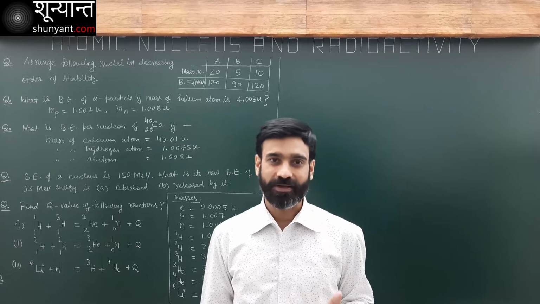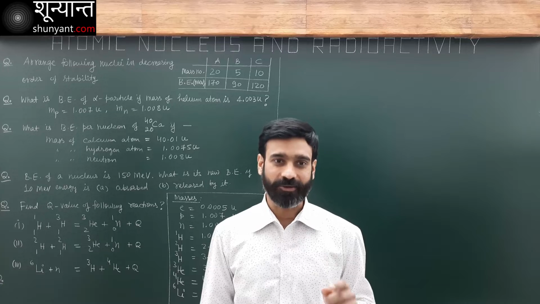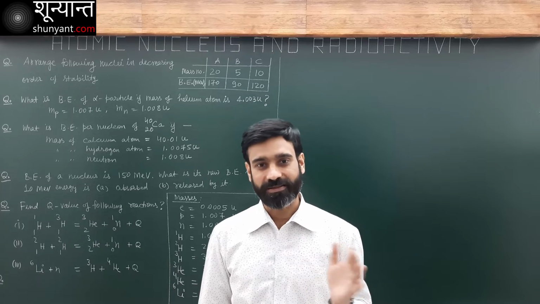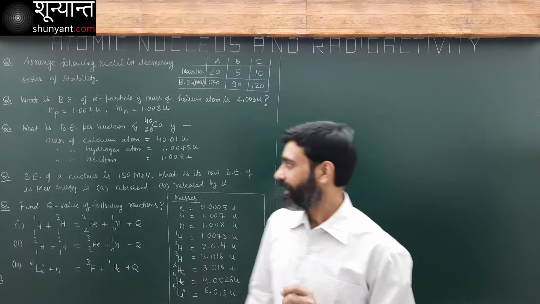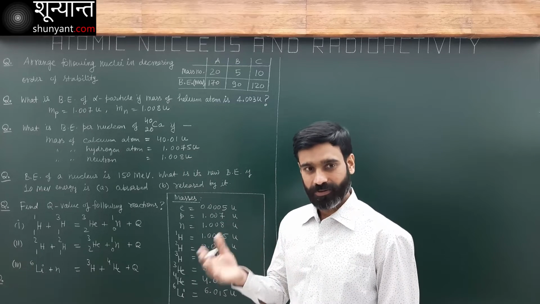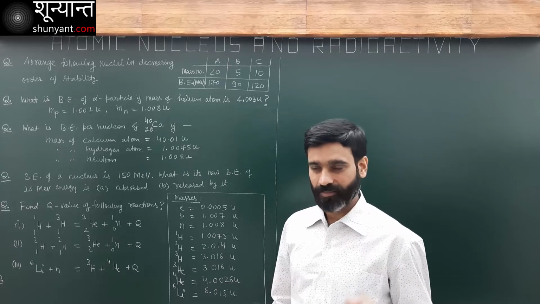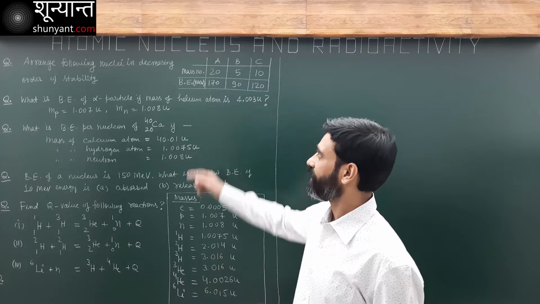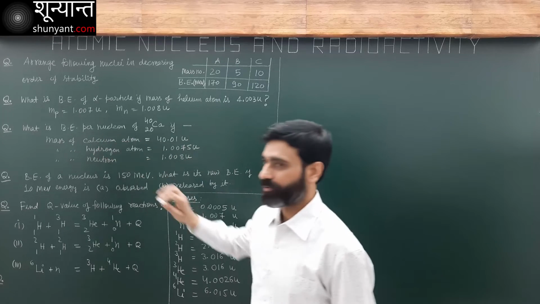That difference is known as mass defect, and the equivalent energy according to Einstein's relation is known as binding energy. If we divide binding energy by the number of nucleons, that is the mass number, we get what we know as binding energy per nucleon.